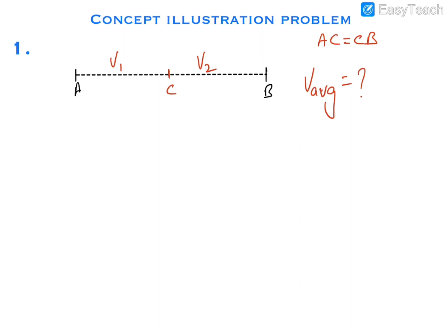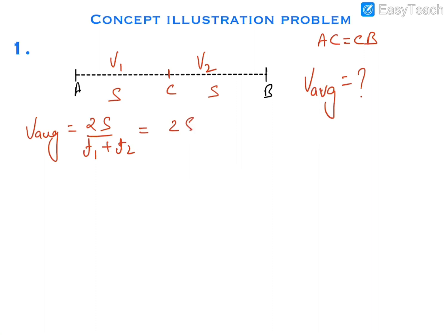So first of all, let us see. Let's suppose this is the distance s and s. So v average would be equal to 2s upon time taken. Now time taken to complete the first half of the journey is t1, and time taken to complete the second half is t2. So this is 2s by t1 plus t2.